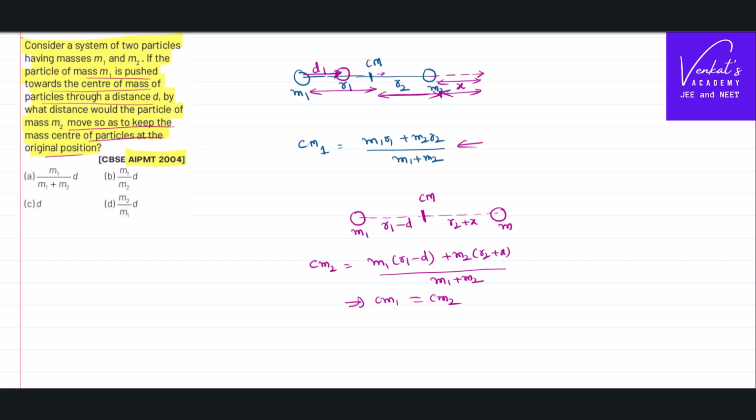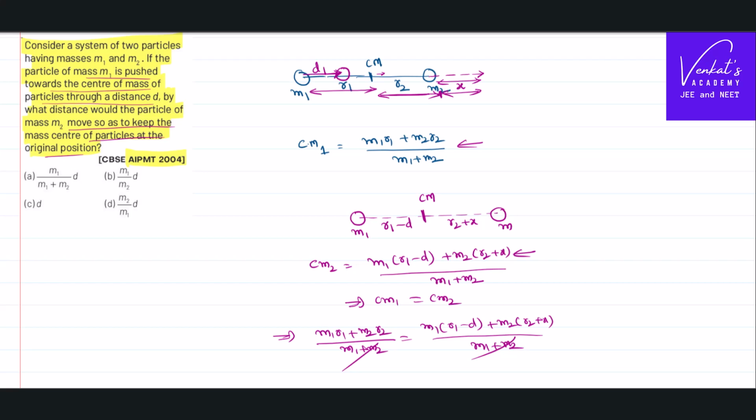So I can equate this equation and this equation. m1 r1 plus m2 r2 by m1 plus m2 equals m1 of (r1 minus d) plus m2 of (r2 plus x) by m1 plus m2. This m1 plus m2 can be cancelled.